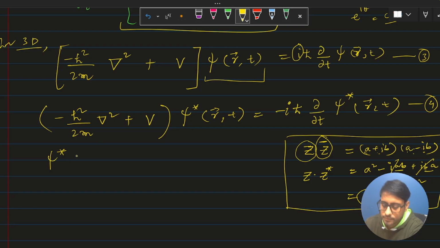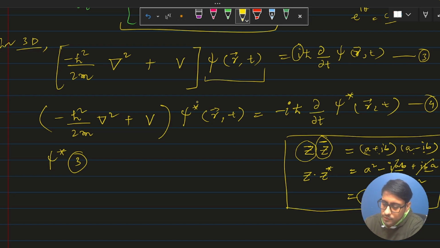So when we multiply this with equation number 3 and subtract from this, you can see that in equation number 4 we already have the conjugate. So to get some real number, we will multiply with psi.